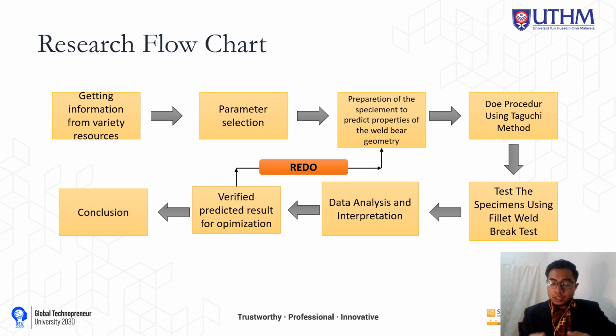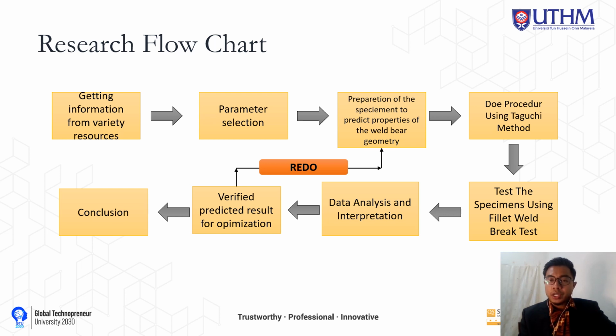In this research, we are going to choose three parameters: the main parameters are current, voltage, and wire feeding. Secondly, we are going to prepare the specimen to predict the properties of the weld bead geometry.